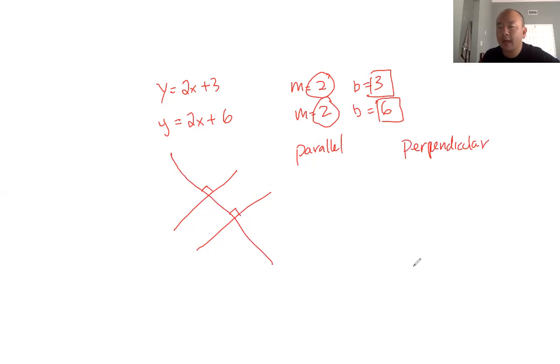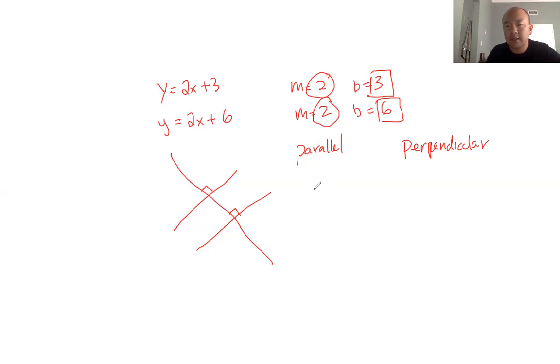Well then, how do we know if the lines are parallel or perpendicular? You need to look at the slopes. Also make sure that you look at the PowerPoint or some examples, and study those a little bit, because that'll help you out a lot.